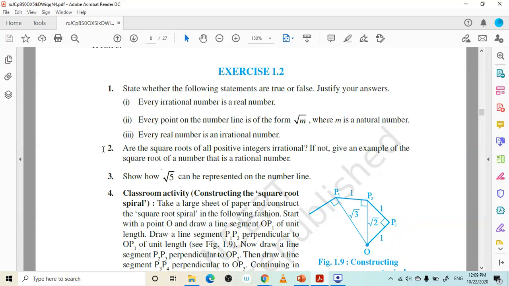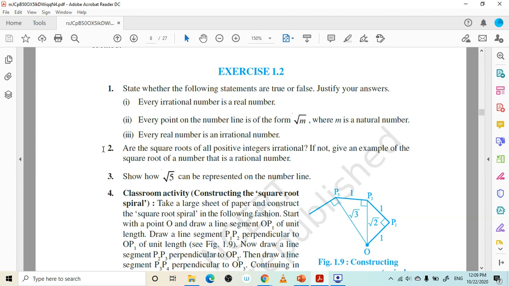We skipped this at the time of our first lecture during lockdown, because at that time I said these kinds of questions generally cannot be asked in the exam. See the result: finally the government has removed these, as I said previously.